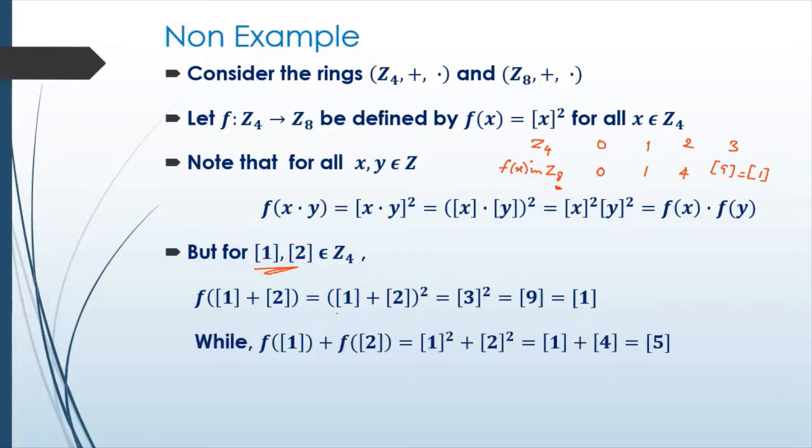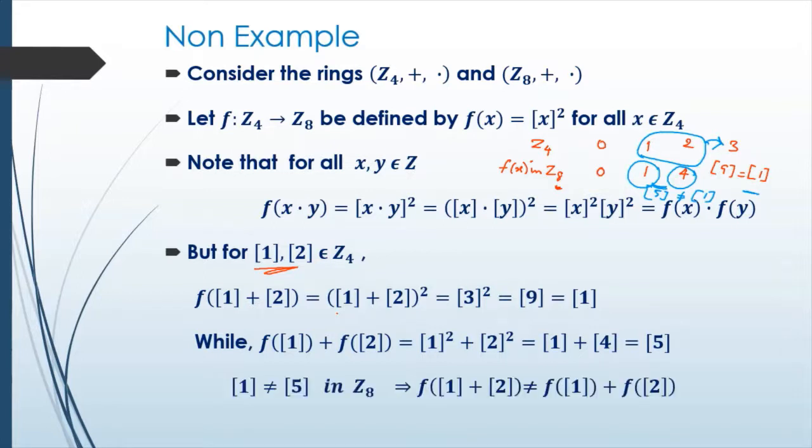But f of class 1 plus f of class 2 is nothing but class 1 square plus class 2 square, which is equal to class 1 plus class 4, which is equal to class 5. You add 1 and 2, you get 3 whose square is 9, which is equal to 1. But when you add the corresponding elements' images in Z8, you get 5, which is not equal to 1 in Z8. Hence, you may deduce that f is not a homomorphism.